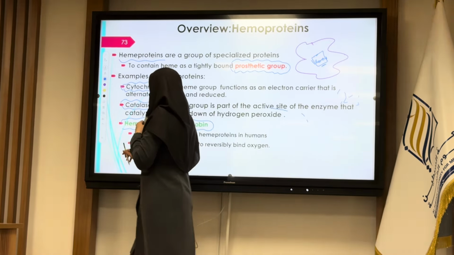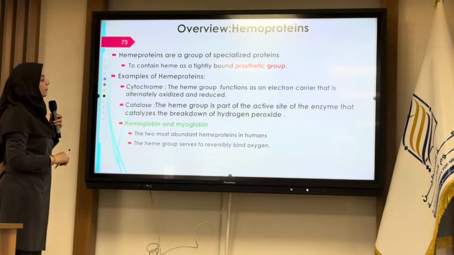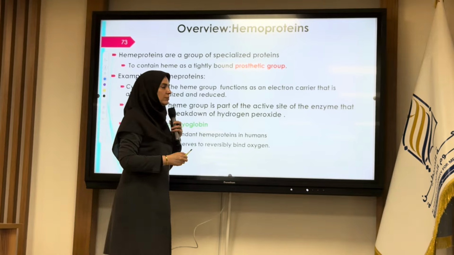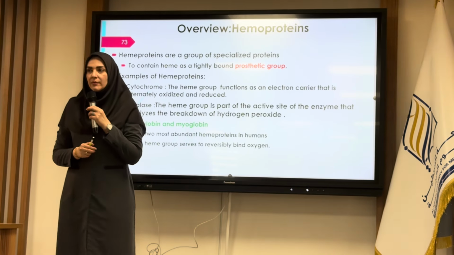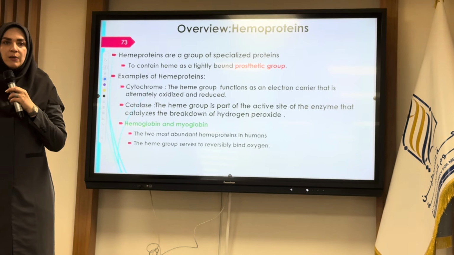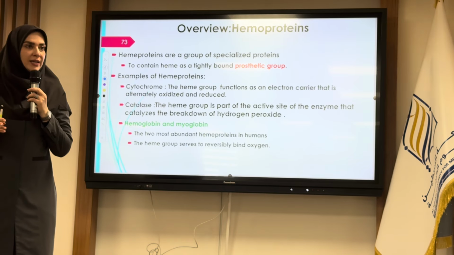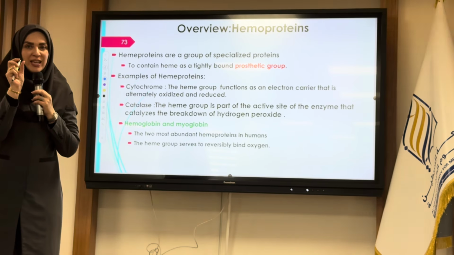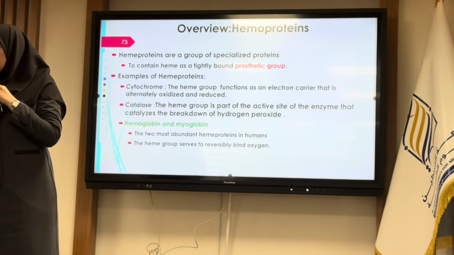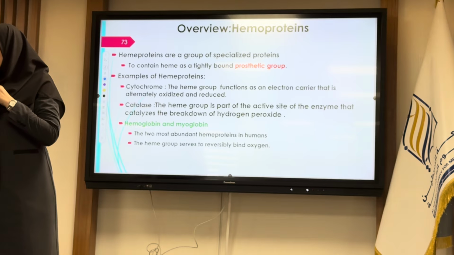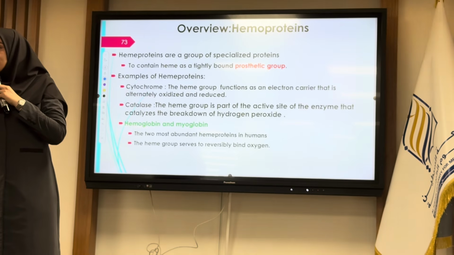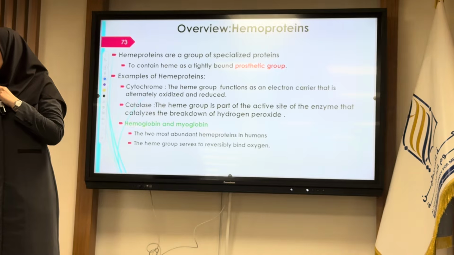As I mentioned, we have different types of hemoprotein, like cytochrome. Cytochrome, have you ever heard this name? Are you familiar with the electron transfer chain in the mitochondria? Yes. Some parts of the electron transfer chain are cytochromes, in the membrane of the mitochondria.